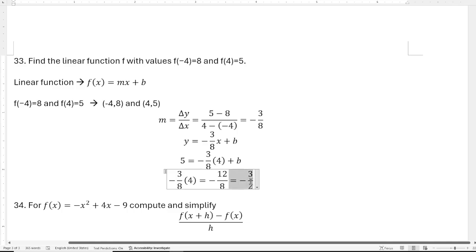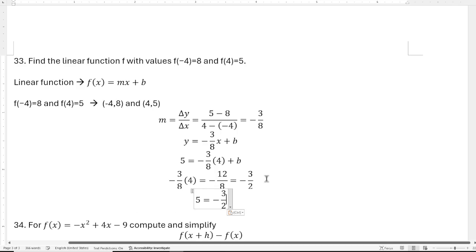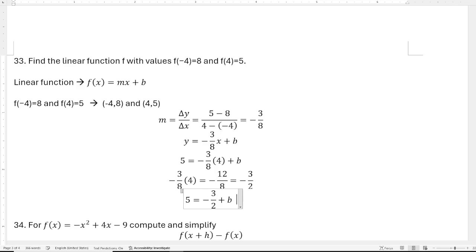So you're going to get 5 equals negative 3 over 2 plus b. And that's going to say b is equal to 5 plus 3 over 2, which is 10 over 2 plus 3 over 2, which is 13 over 2.